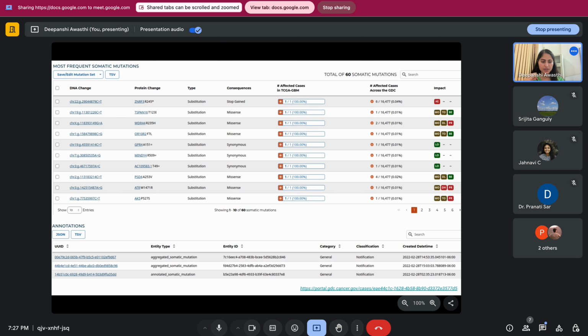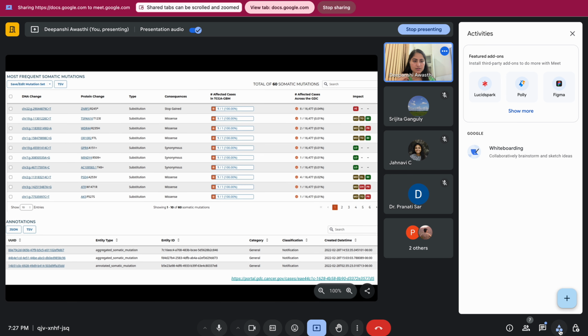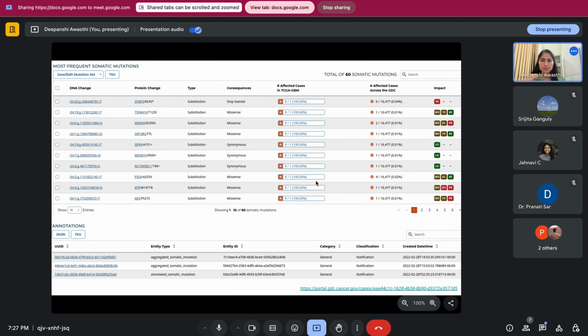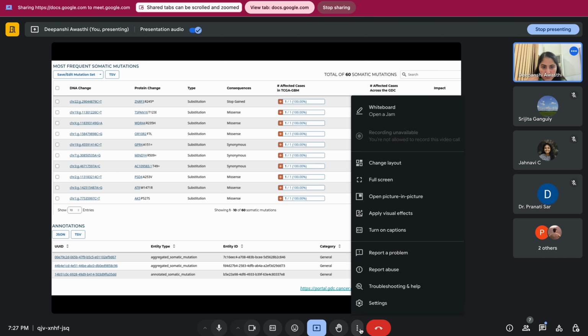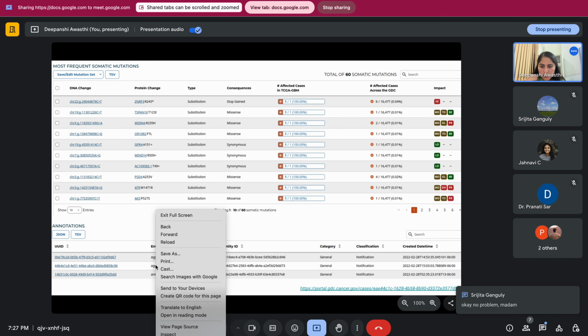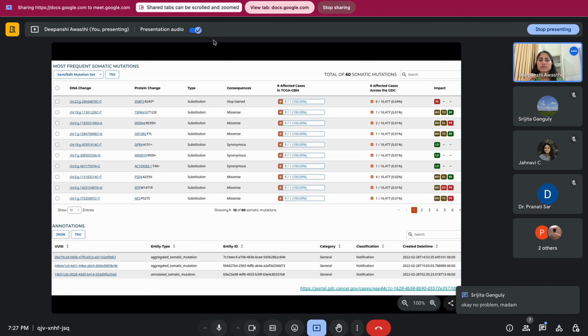Actually, I'm not able to find it on the bottom left. There is the option for whiteboarding, but it will open up the whiteboard. Maybe on Zoom it is available, but in case of Google Meet, okay, I don't know. I'll see in the next session if I'll be able to find it.